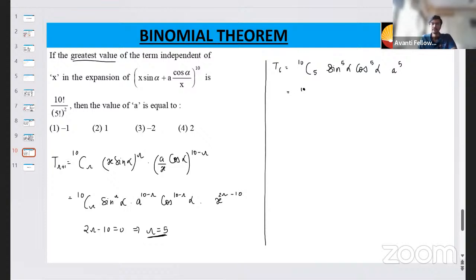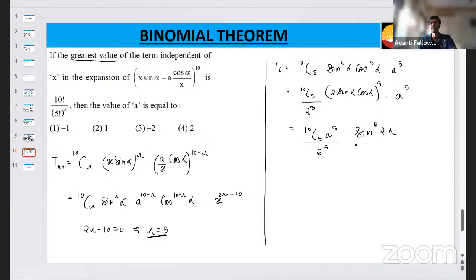Okay. So 10c5 into 2 sin alpha cos alpha multiply and divide by 2 raised to the power 5 किया है मैंने into a raised to the power 5. So ये क्या हो जाएगा? 10c5 a raised to the power 5 upon 2 raised to the power 5 into sin raised to the power 5 2 alpha. So greatest के लिए 1 होना चाहिए and उसकी वैल्यू दिया 10 factorial upon 5 factorial the whole square. Correct?